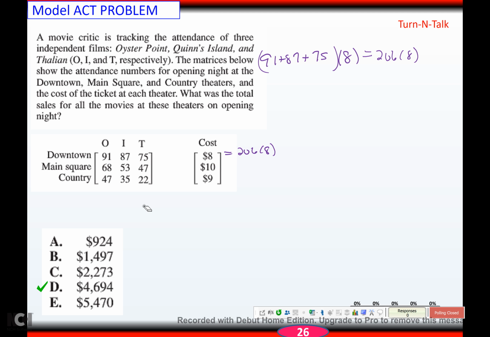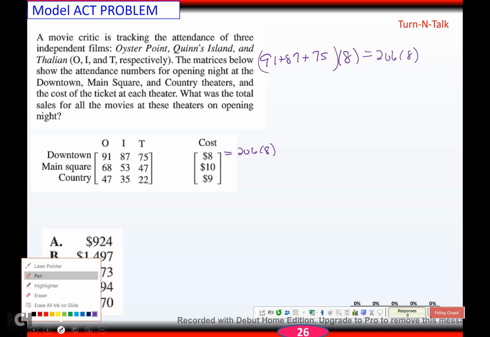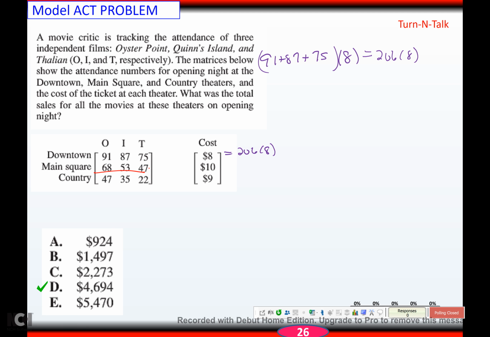For my second one, I'm going to do 68 plus 53 plus 47 times 10. Well, that becomes 175 times 10.